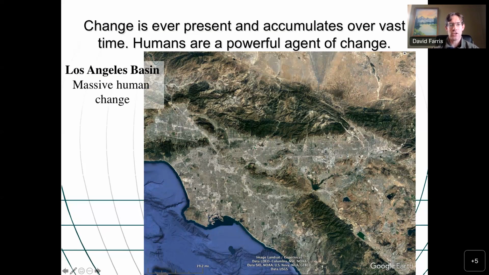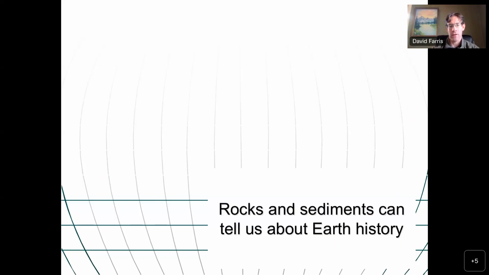This is the Los Angeles basin. All of this gray that you see here is paved areas. It extends for about 100 miles from the Pacific coast to the mountains. This is a human-created geologic layer that would be present in our Earth history, that people would be able to see that exists millions of years in the future.